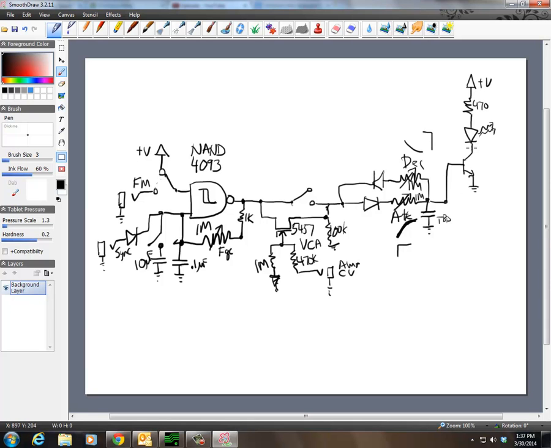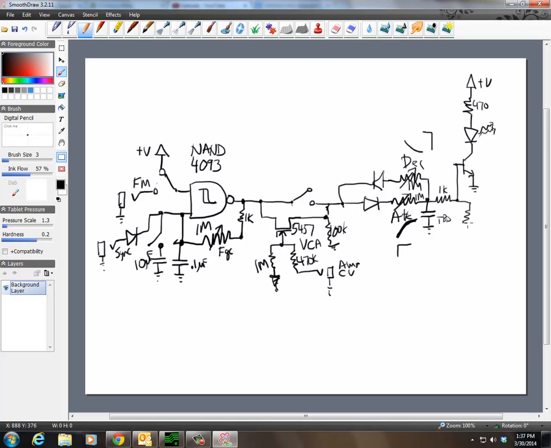But let's see, I want to add a resistor in here probably so that I don't cause a short. So I'm going to put in a 1K right here, and then I'm going to tie this over to there. Okay, good.